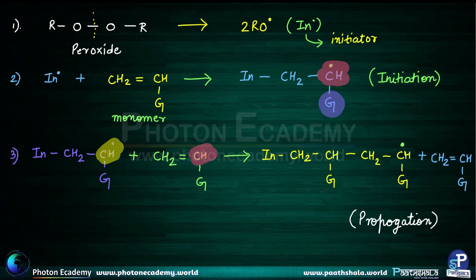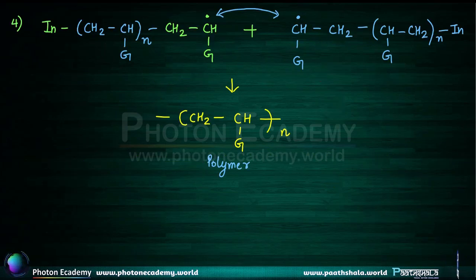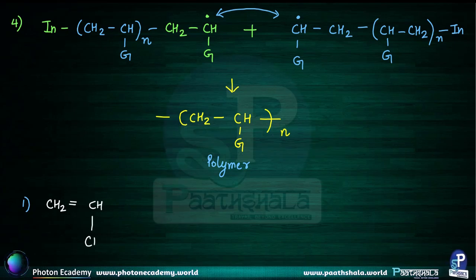And how so? Suppose we're taking monomer examples. If we have CH2 with a double bond and CH, and suppose we have the group as CH3. In the second example, we have CH2 again, and we have CH with CN as the group.